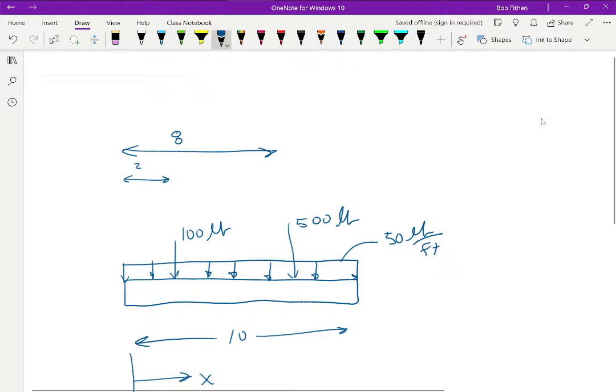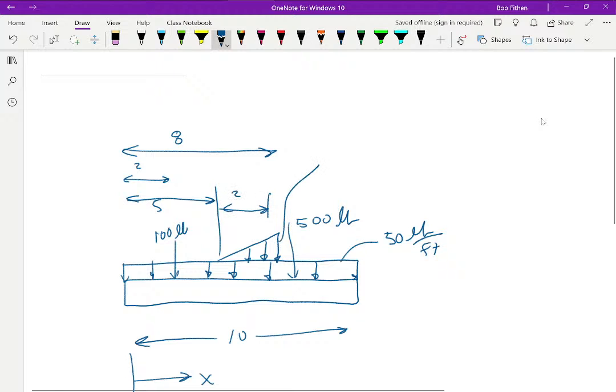And then I'm just going to mix it up and put a triangular load on top of that. That pretty much starts, say, here at 5 and continues a distance of 2.